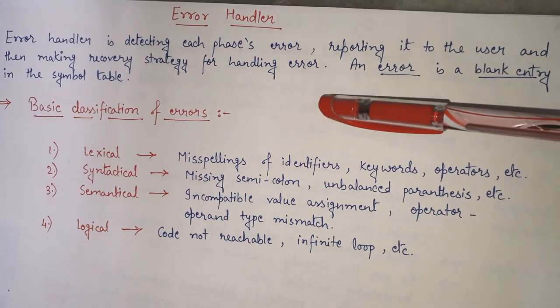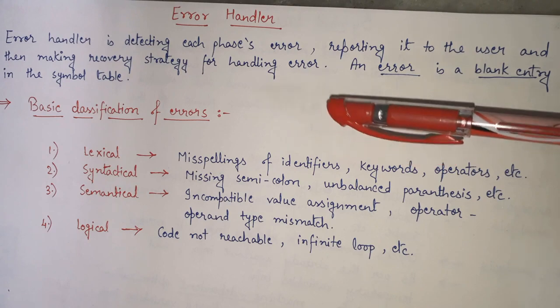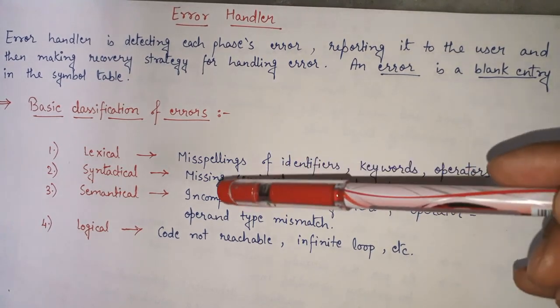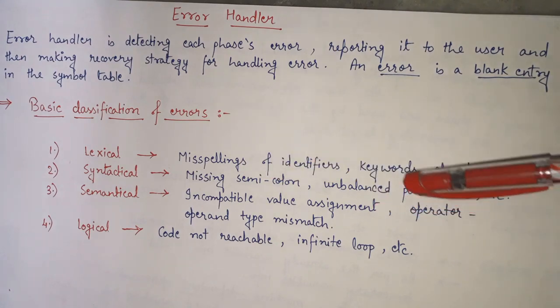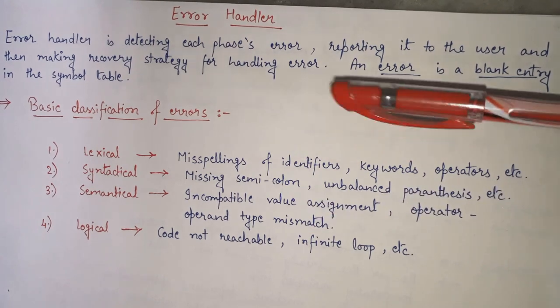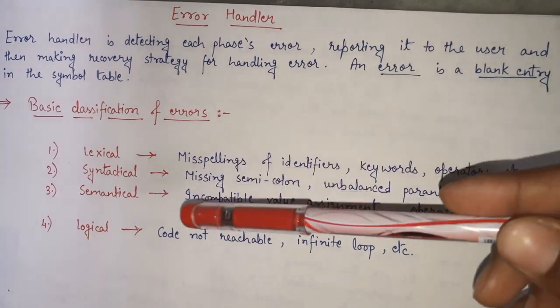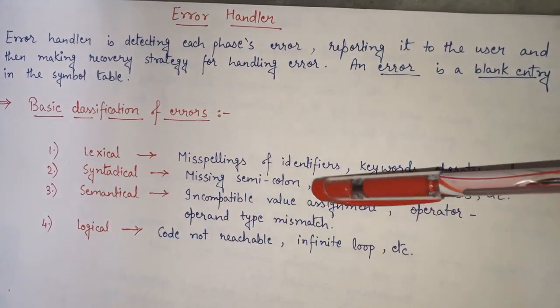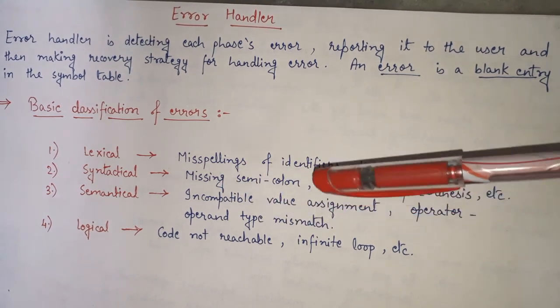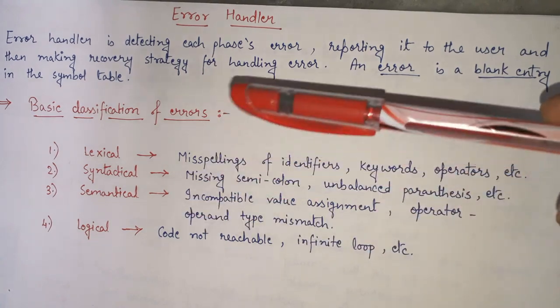But if you write hello minus world, then the compiler won't know what this is all about, right? So you have to use an operator only with those operands with which it can be operated. So operator operand type mismatch should not be there. Incompatible value assignment should not be there. If they are there, then they are errors, and they are semantical type of errors.